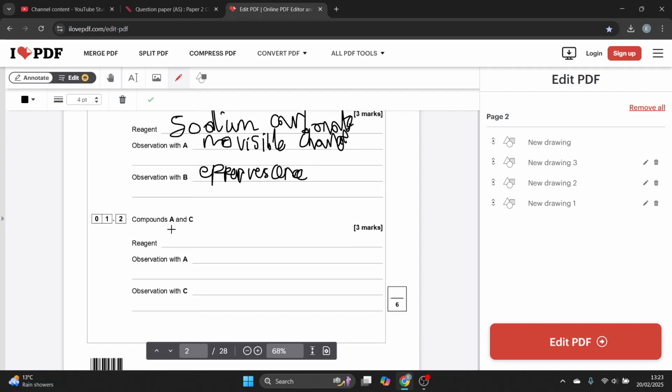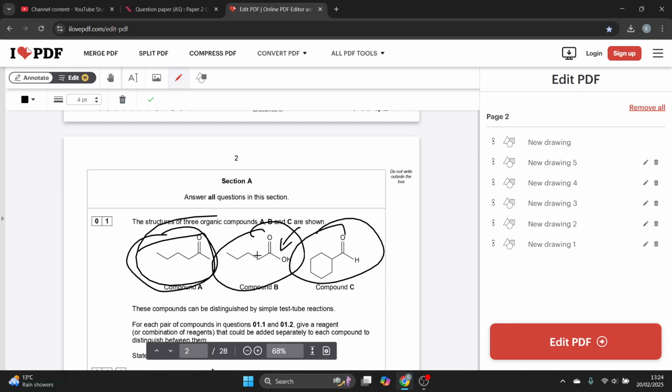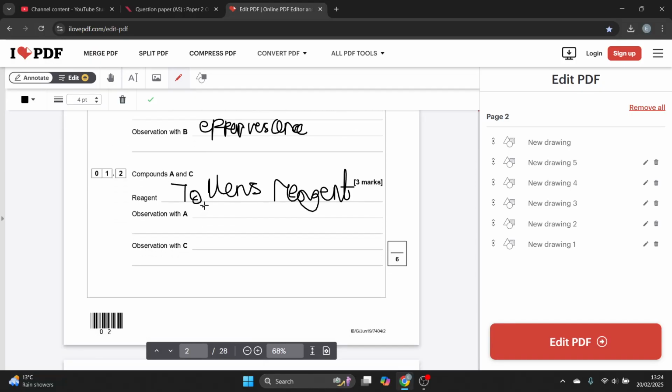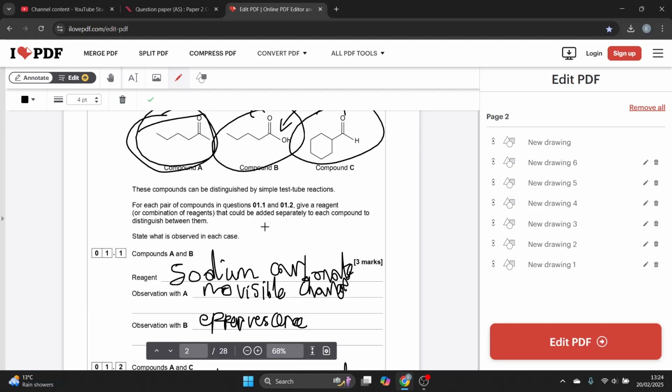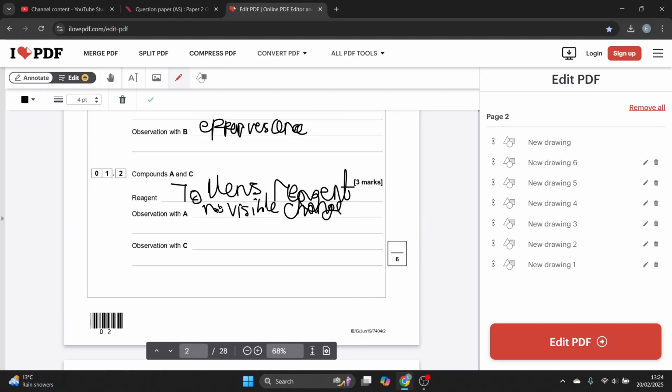So we can use Tollens' reagent. And the observation with A, no visible change. Observation with C, silver mirror.